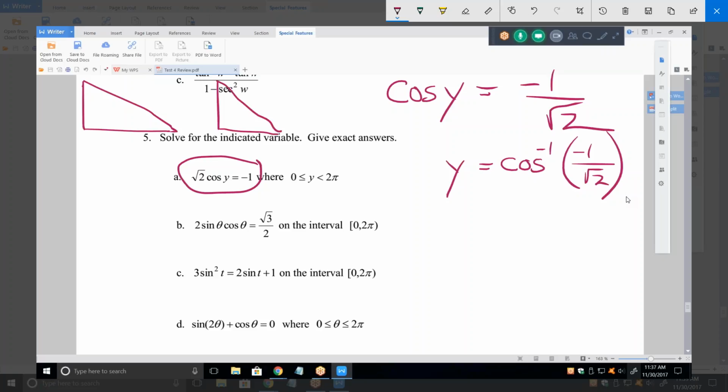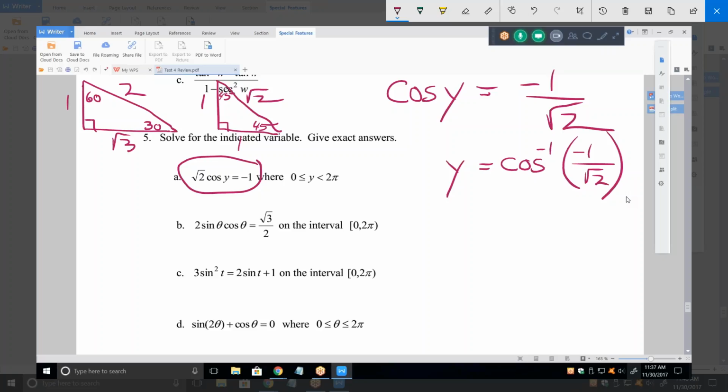These two triangles are probably more important in trig than geometry. This is a 45-45 whose measurements are 1, 1, square root of 2. This is a 30-60 whose measurements are 1, root 3, and 2.